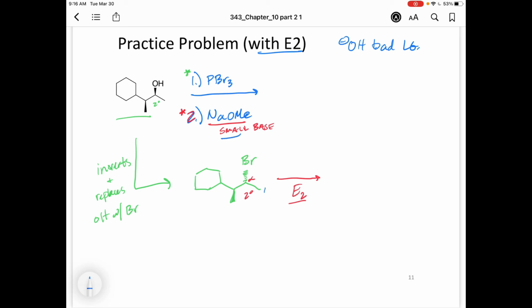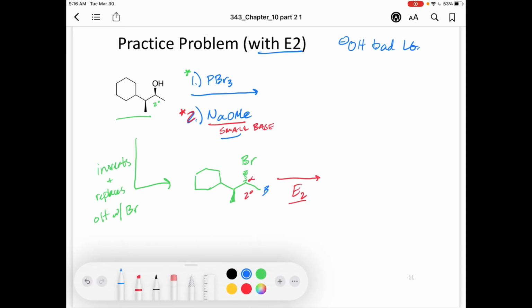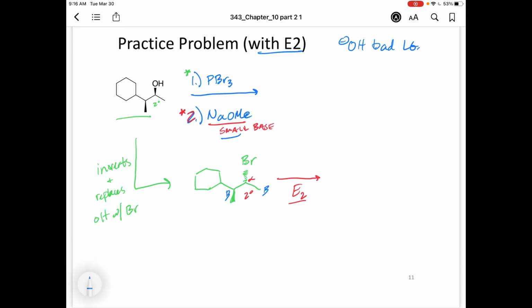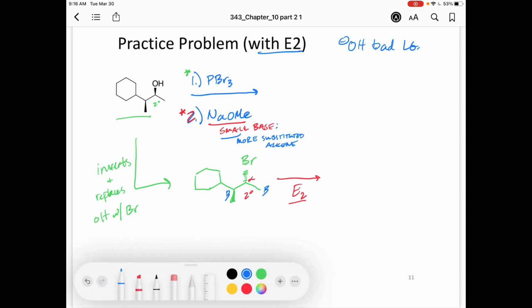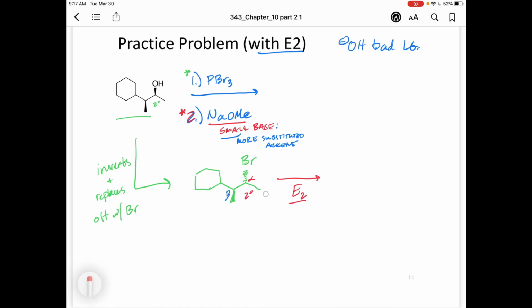So although there's a beta carbon here, it's a small base, so it would rather take it from an internal beta carbon to give you a more substituted alkene. So small base, remember it's going to give us the more substituted alkene. Okay. Well, with that knowledge, I'm going to erase this beta on the end. We're not going to take the proton from there.